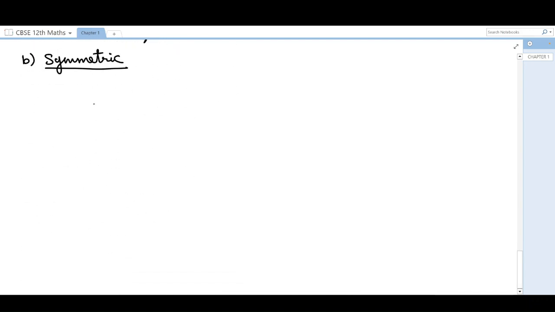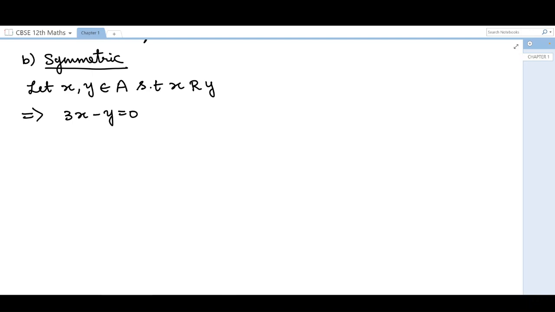So, we can also prove this in the general way. Let x and y be two elements in the set A such that x is related to y, which means 3x minus y equal to 0. From this, what we have to prove is y is related to x. We have to verify that. So in order to prove that y is related to x, we have to verify whether 3y minus x equal to 0.